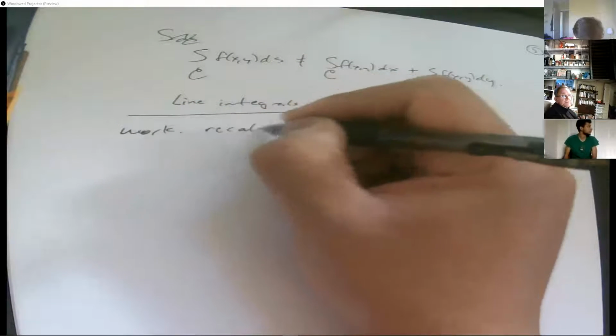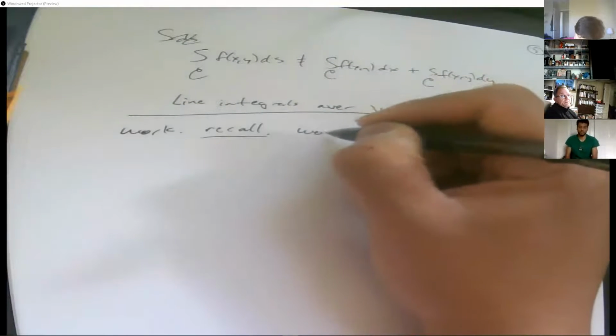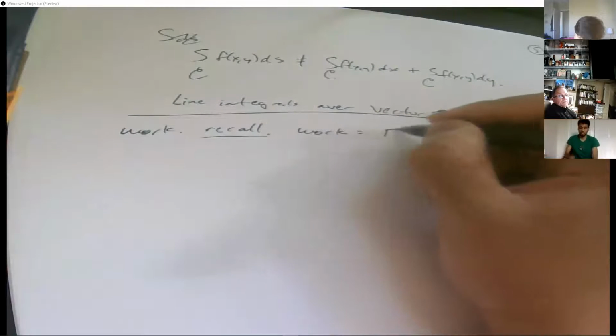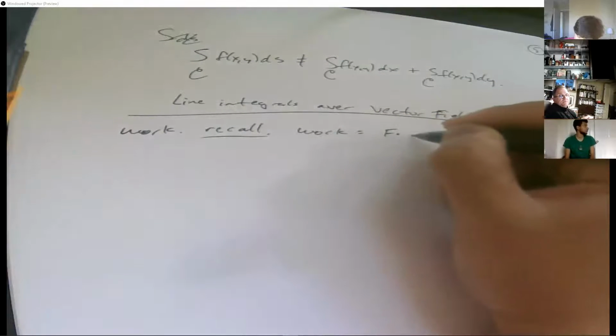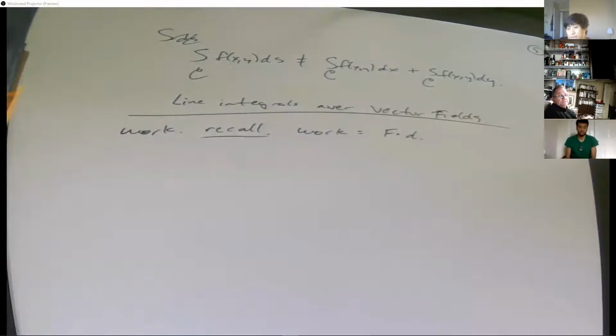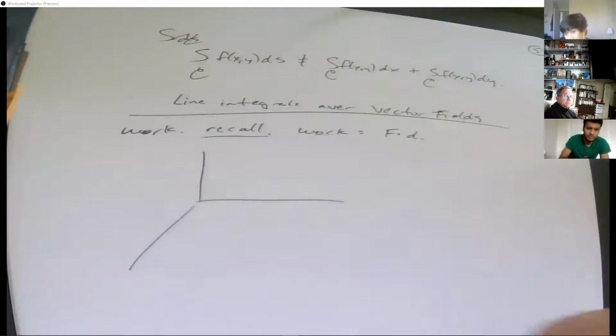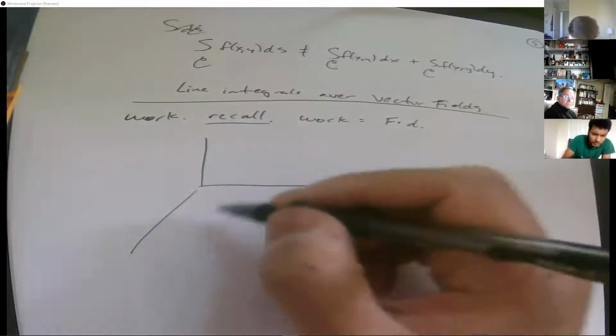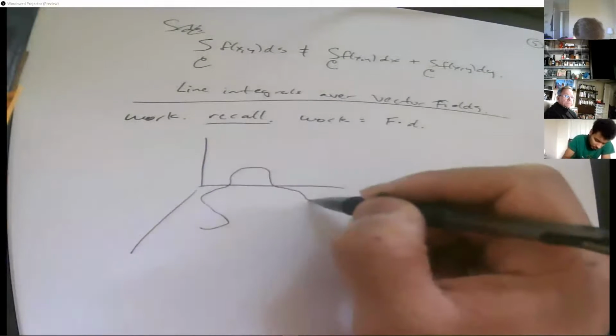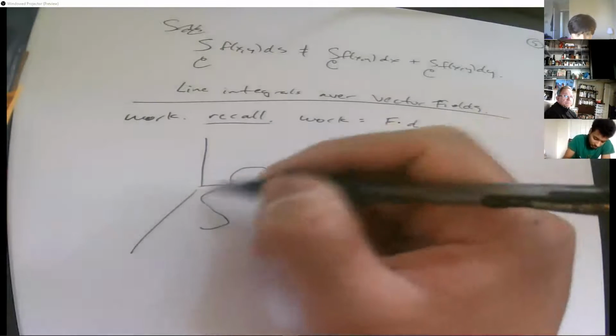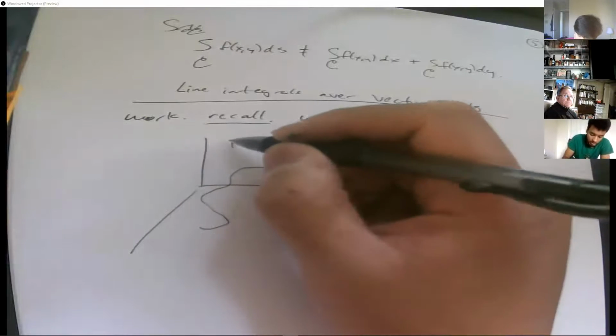Recall, work is equal to force dot the displacement vector, right? So I have some curve in 3 space or 2 space. I can do 2 space too. Like that, and I have some vector field going on here.